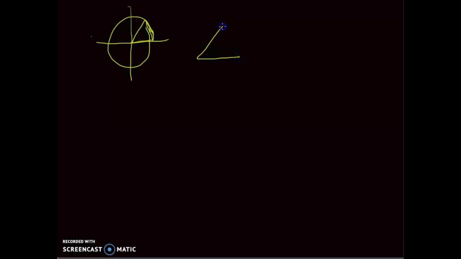We know these are the radii, and we know this is the angle theta. We don't know the length of the chord, but we usually find the area of a triangle by using the perpendicular height. So the area of a triangle is 1/2 the base, which is r, times the height, which is h. You just have to find out what h is.